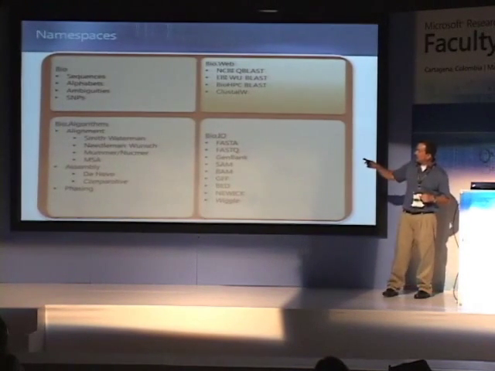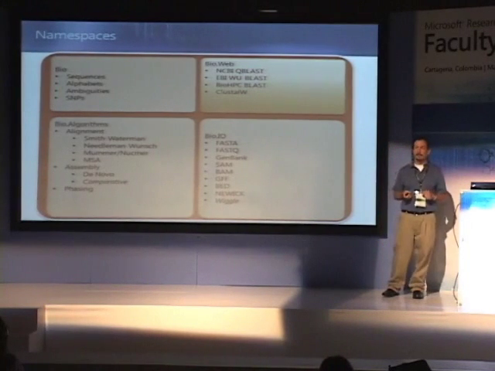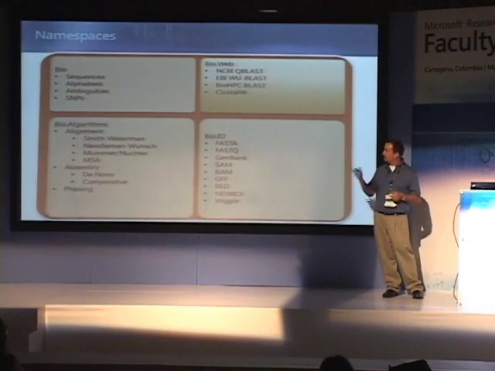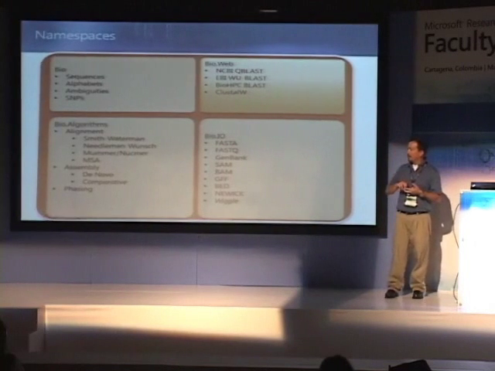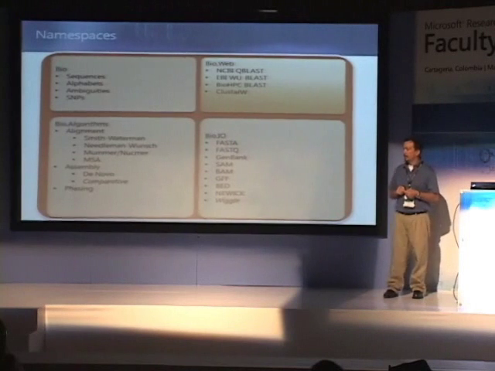The algorithms: we started with alignment algorithms. We found these were the base need of most researchers in this field. Smith-Waterman, Needleman-Wunsch. We have implemented MUMmer and NUCmer, which are pretty widely used alignment tools.